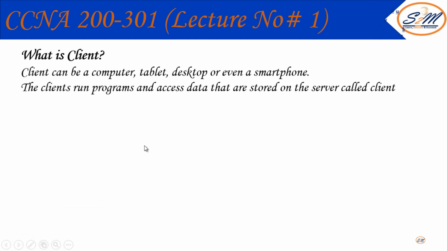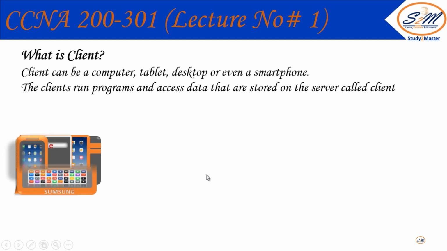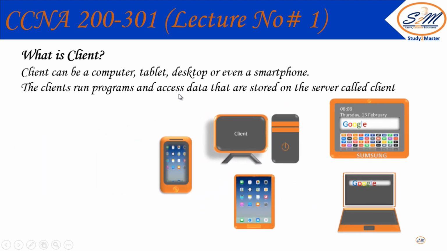What is a client? What does client mean exactly? In easy words, we say those devices used in order to access information from the server are called clients. A client can be a computer, tablet, desktop, or even a smartphone. The client runs programs and accesses data that are stored on the server. A smartphone, desktop computers, iPad, tablet, laptop.